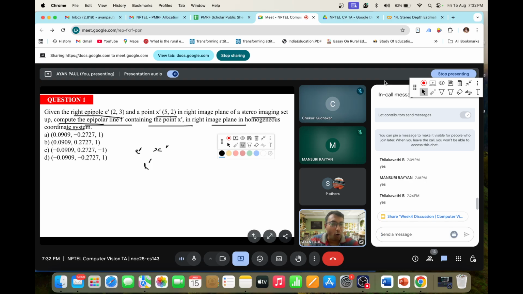Come on, we have 2 points and we want to form a line from these 2 points. How can we form a line from 2 points? This we have studied in the first class, right? 2 points, how to form a line from the 2 points?